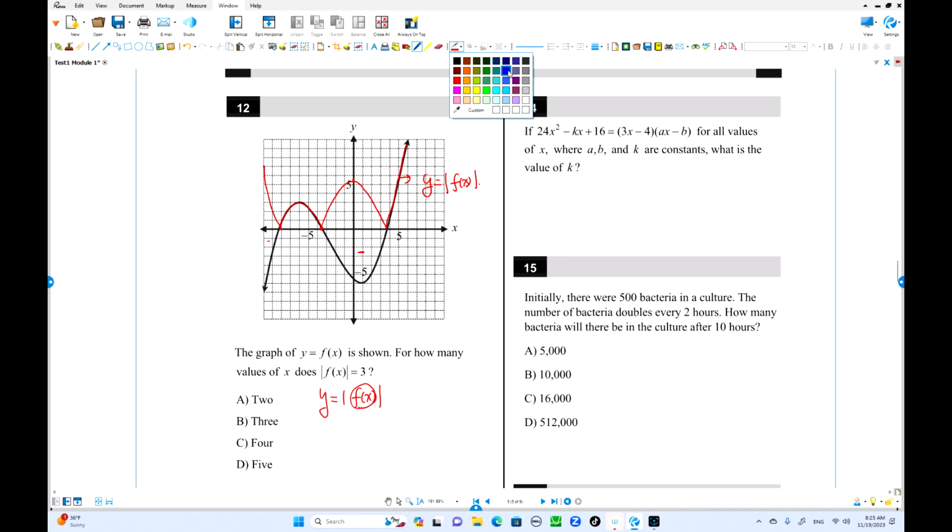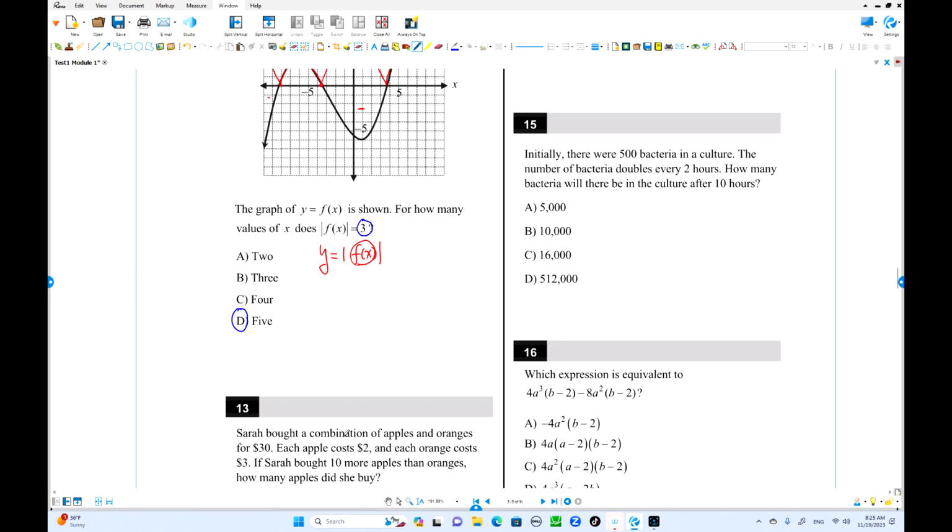So you're going to find the intersections with y equals 3. This is the y equals 3 graph, horizontal. How many intersections are there? 1 point, 2 points, 3 points, 4 points, 5 points. So a lot. Choice D is the answer.